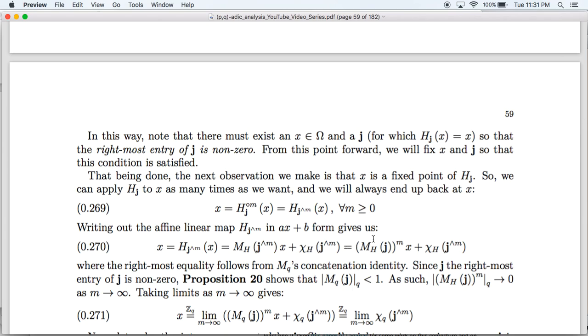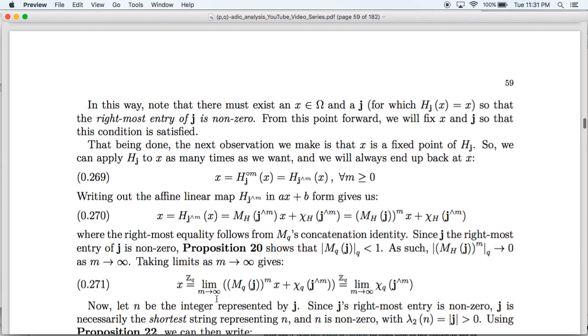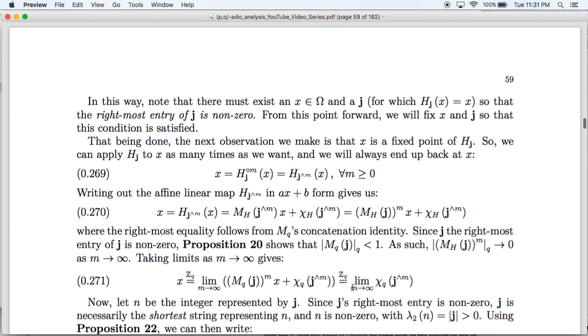Since the rightmost entry of bold J is non-zero, we know that this is going to have a q-adic absolute value less than 1, and so this will die q-adically as m goes to infinity. So this then gives us that x is equal to this limit, which converges q-adically.